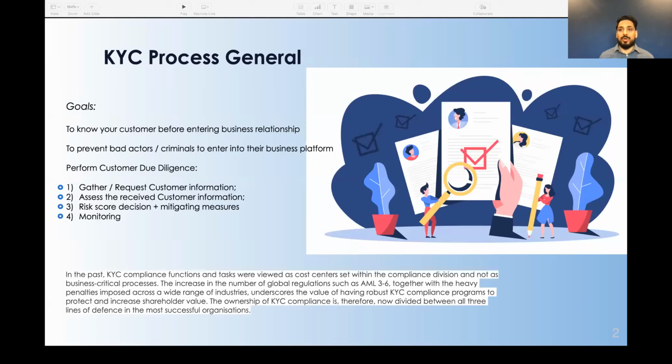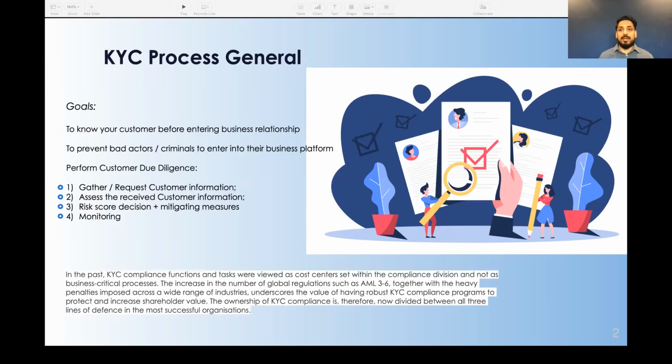KYC means know your customer, and it is a process set up by financial institutions, but it has now reached other industries as well, as you may have noticed over the past years, such as cryptocurrency companies, but also insurance companies, pension companies, and other types of companies, where this process is very important.